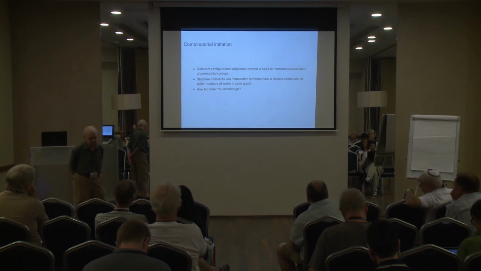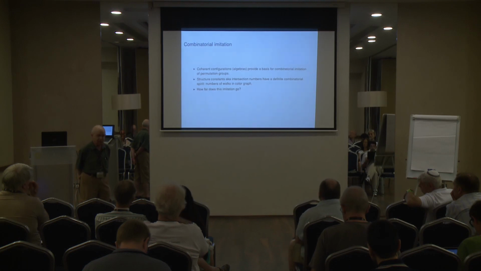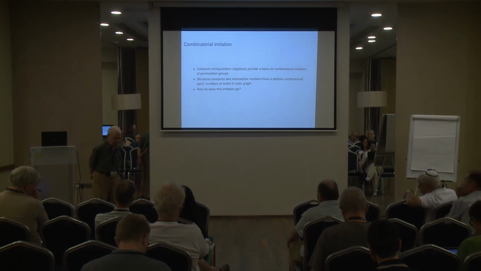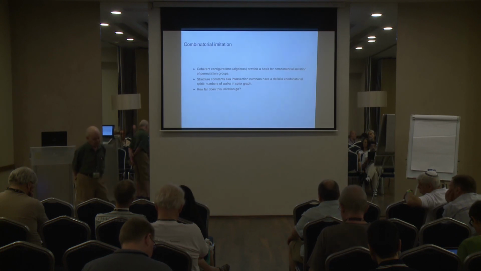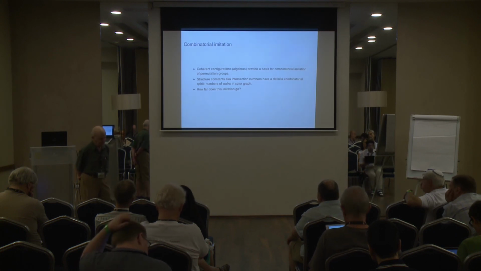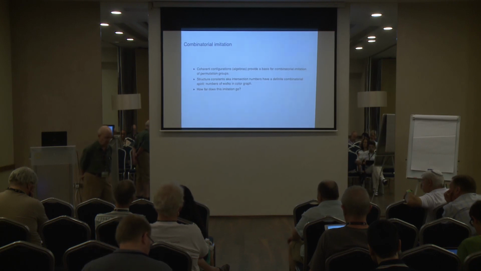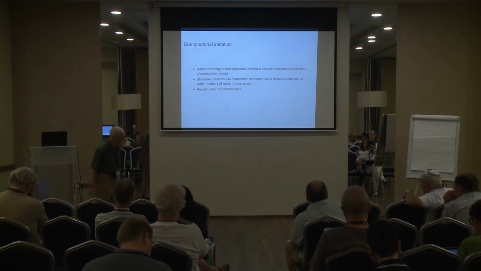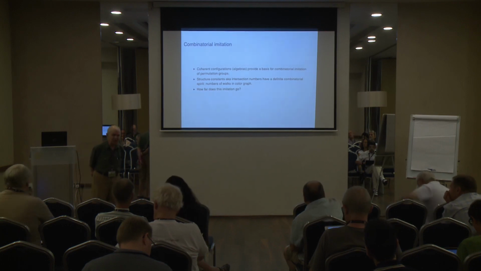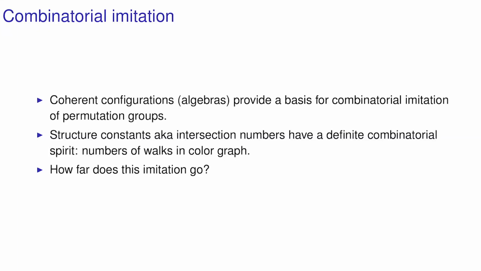These structure constants are sometimes called intersection numbers, and they are nothing else but the number of special paths in a color graph. Roughly speaking, we fix some arc from a point A to a point B, and we count how many different paths of length 2 can be found with some prescribed properties, and these are our favorite structure constants.